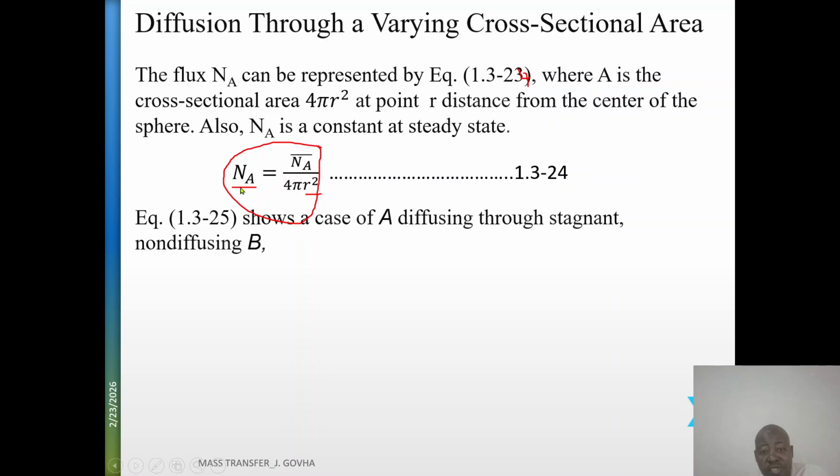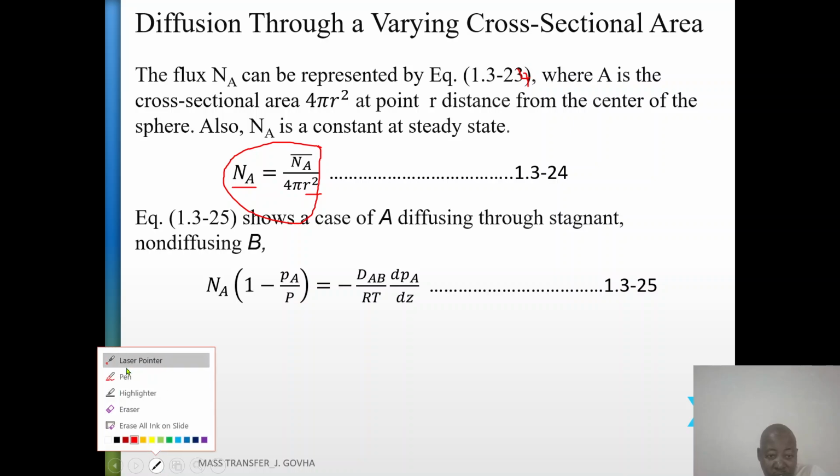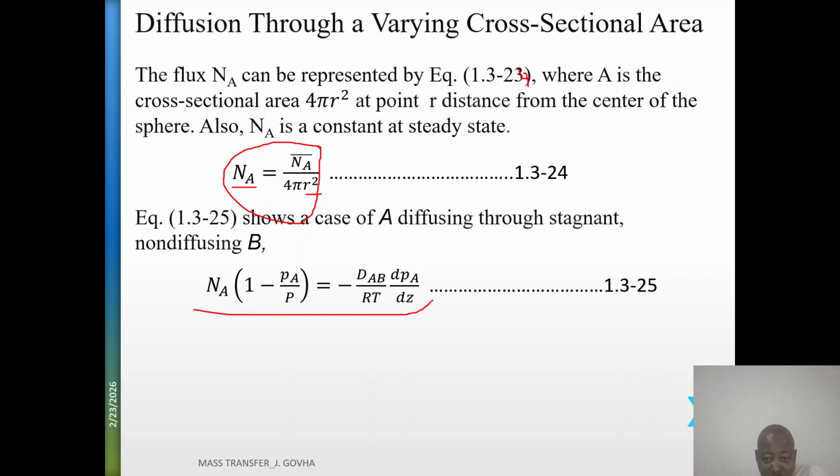So this is a case of A diffusing through stagnant non-diffusing B, and we make use of this equation: Na equals D_AB P over RT times ln of (P minus PA2) over (P minus PA1). This is the equation in which you would substitute for this Na.